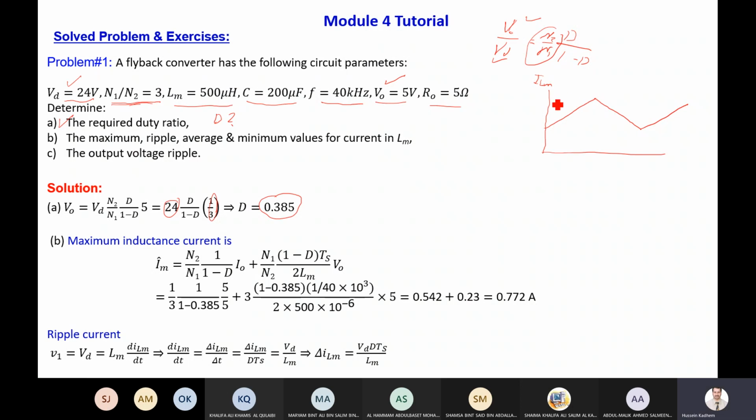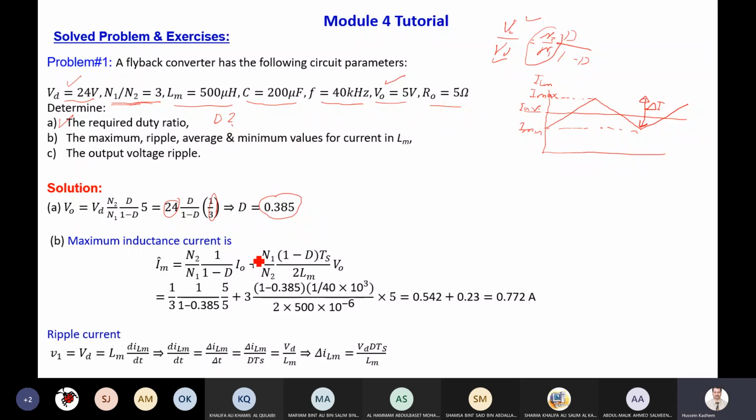Here is I maximum, here is I minimum, here is supposed to be I average, and from this point to this point is delta I, meaning the ripple in current.